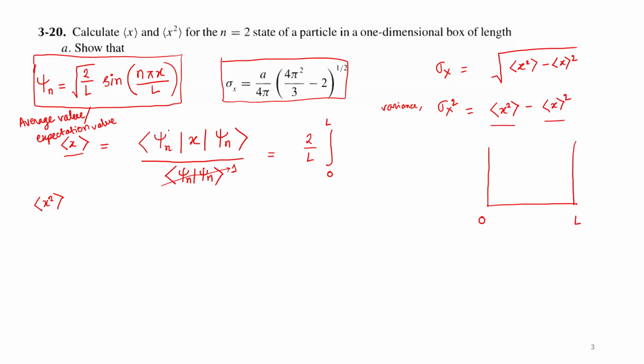This portion means psi n star. The complex conjugate of the sine function, because this is a real function, there will be no change. So again this will be sine n pi x by L, then our operator x, then again operating on sine n pi x by L, and dx is there.